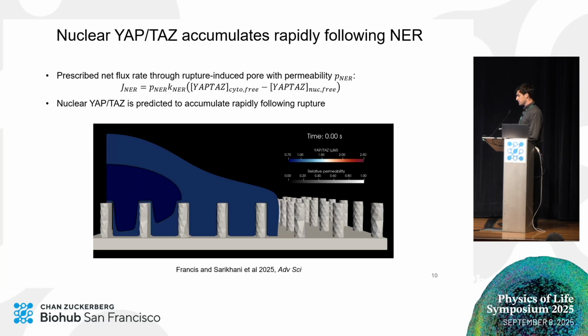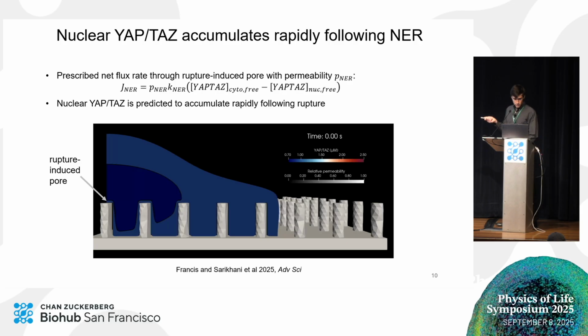Specifically, what I'll show here is the effects of nuclear envelope rupture predicted by our model. To induce nuclear envelope rupture, all we did in this case was prescribe an enhanced entry rate at this central region of the cell at a specific time.